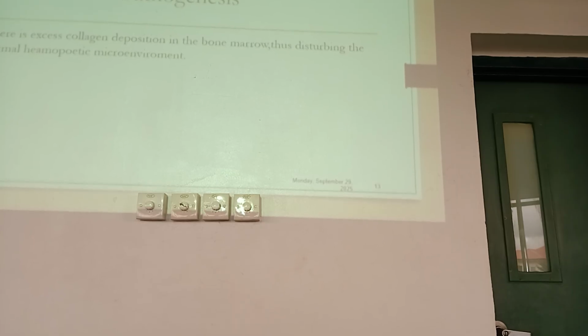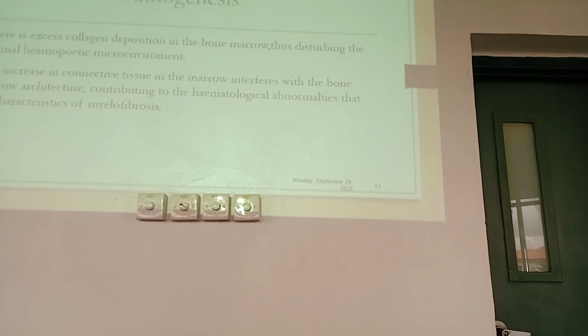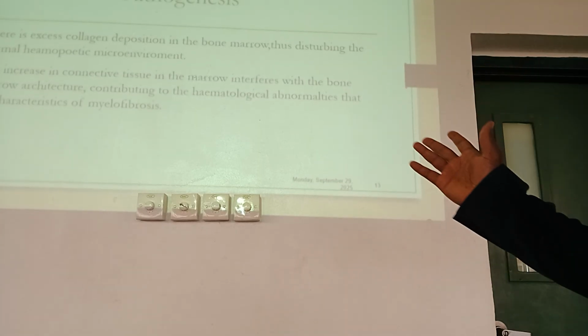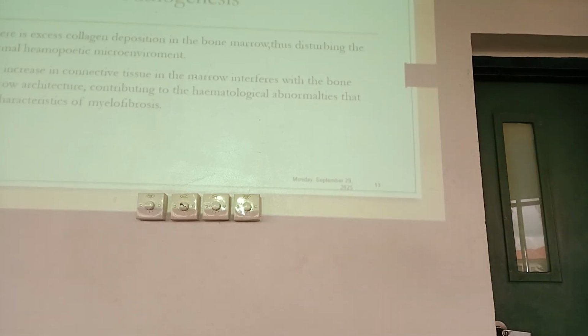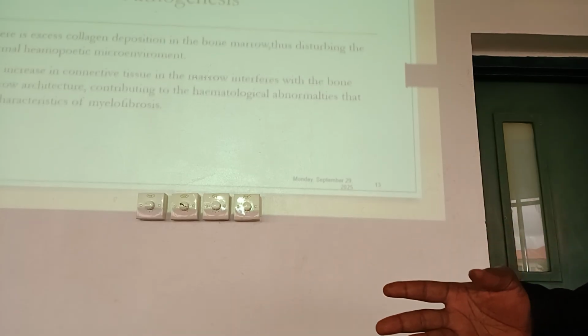The WBC may be low and platelet may be low. So disturbing the normal hemopoietic microenvironment. So it also interferes with bone marrow architecture, contributing to the hematological characteristic abnormalities seen in myelofibrosis.